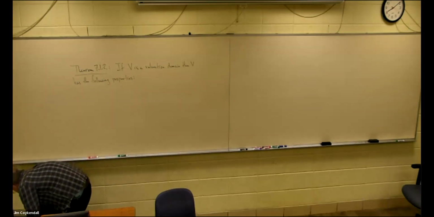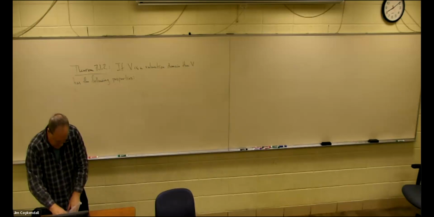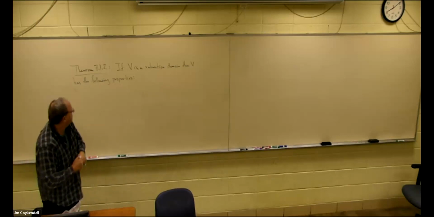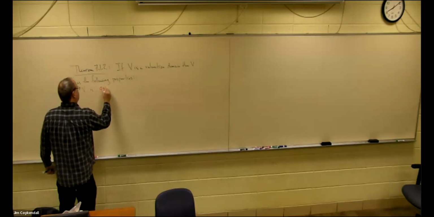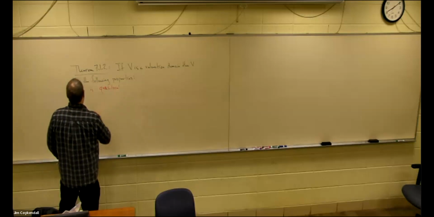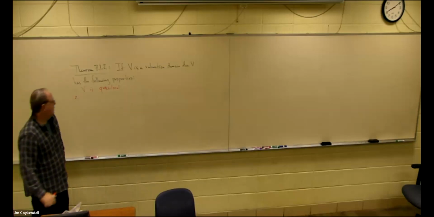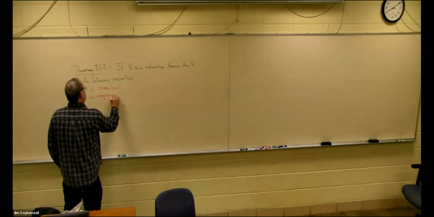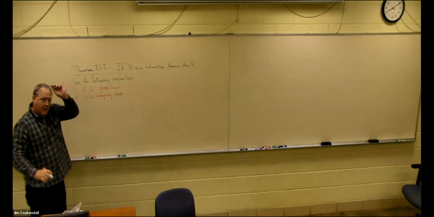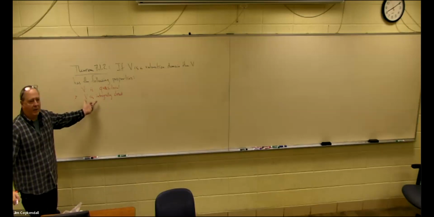Number one, V is quasi-local. That's kind of a neat thing. Any valuation domain has one and only one maximal ideal. Number two, V is integrally closed. That is to say, every element of the quotient field that is a root of a monic polynomial with coefficients in V is already in V.